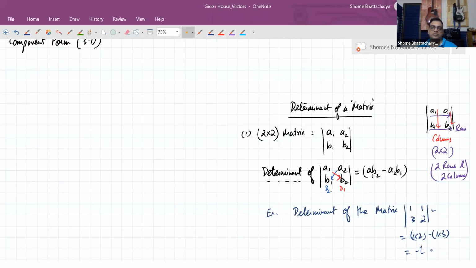Okay. So this is something that will come up in maths also, in your algebra a lot. There's something called Cramer's rule which is applied for solving simultaneous equations. So determinant of matrix is used in that. So those of you who are not familiar so much with matrices, you can make a note of this.